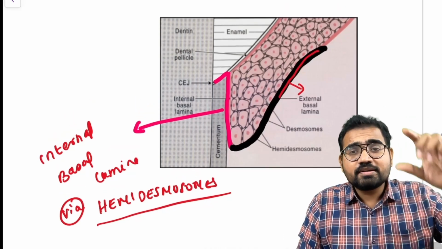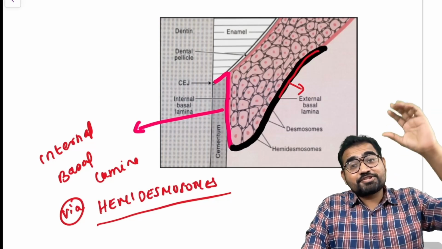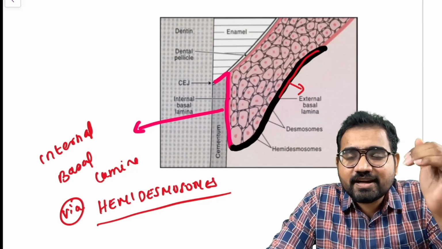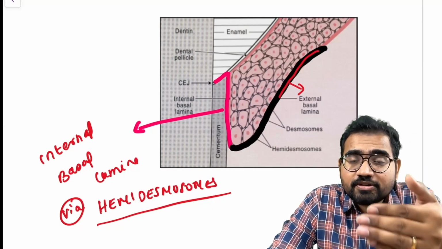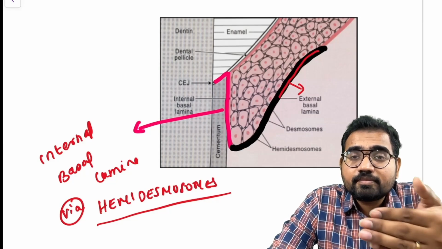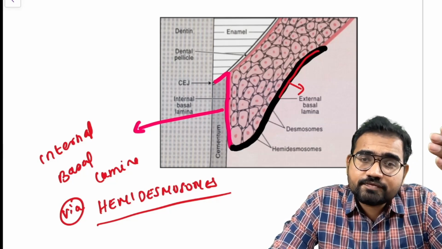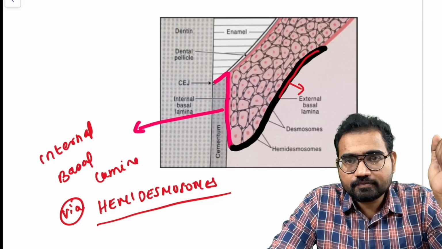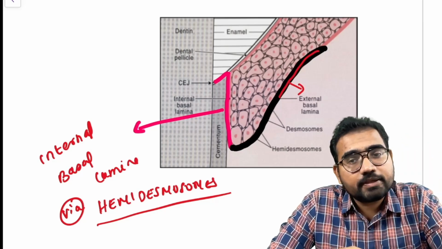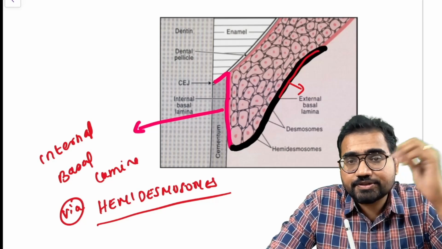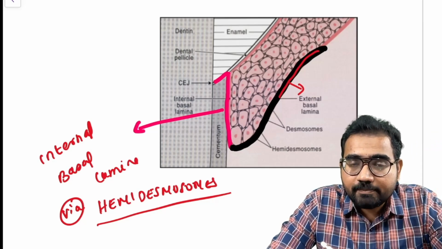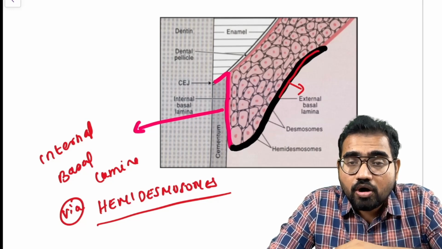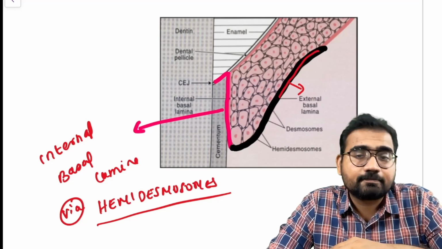Below the junctional epithelium you have gingival connective tissue fibers, and below them you have periodontal ligament fibers. The junctional epithelium plus the connective tissue fibers form your biological width. That is very important. So this external basal lamina connects your epithelium to the gingival connective tissue or lamina propria.